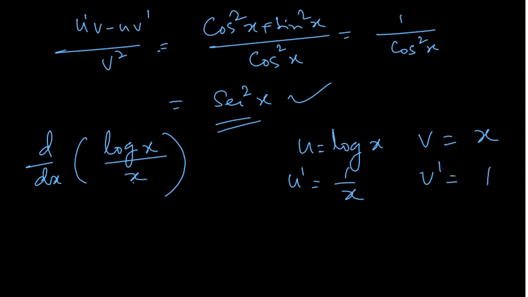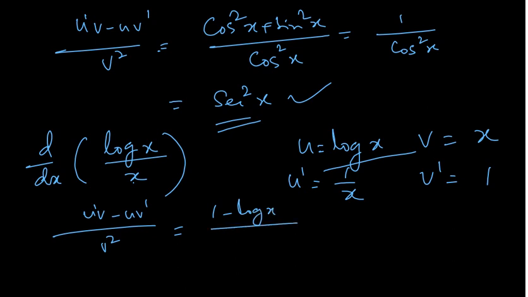So the formula is U dash V minus UV dash divided by V square. 1 minus log x. Yes, correct. Good. That's the answer.